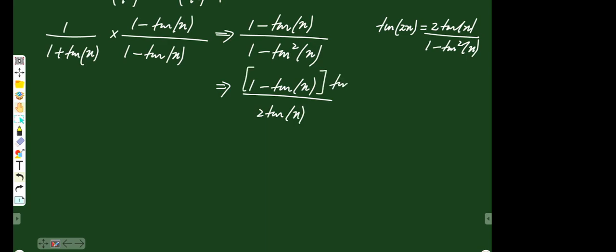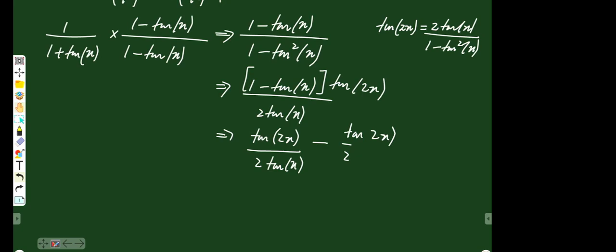Then you would multiply them together and split the fraction. You have a simplification problem somewhere. Oh, wait, one second.